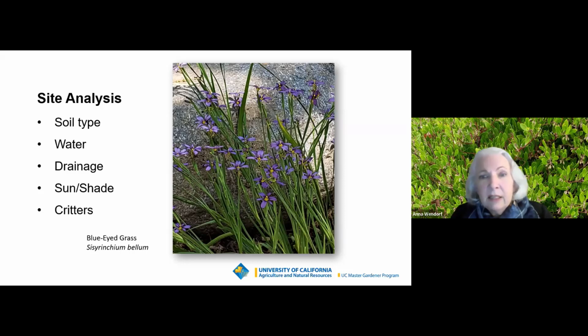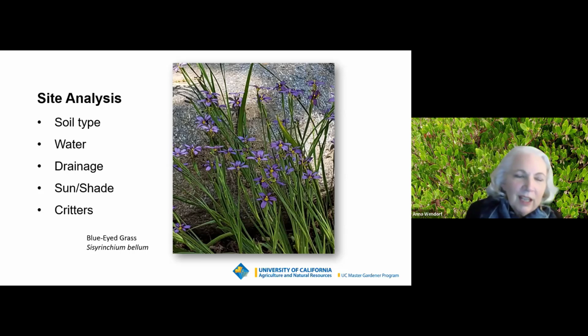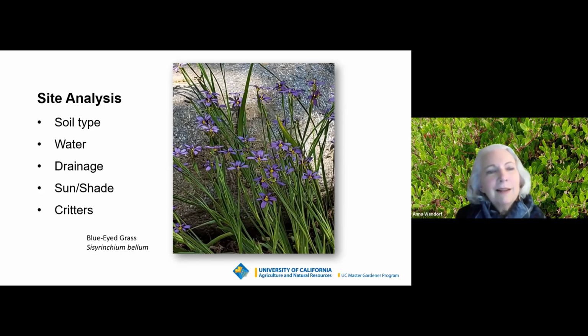And the sun and the shade, which you have to actually track through the year to get a really accurate assessment. But that's going to be a major part of how you're going to be choosing the plants. And then critters, deer and gophers. You just need to know if you're going to have a lot of deer in your yard, because that will limit the number of plants that you have. We'll be covering each of these separately in just a minute.